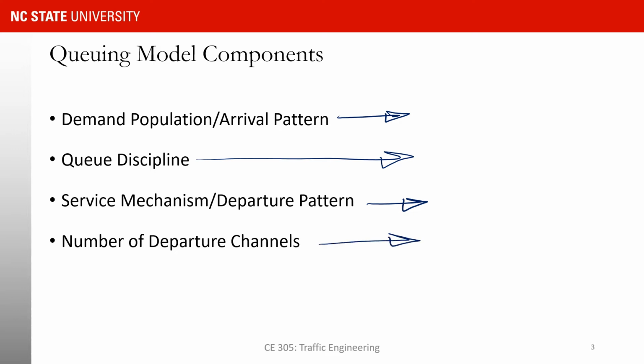If you have one person providing the service, or if you have several people providing that service. So you can think about it when you are going to check out in a grocery store. So if you only have one checkout line open, number of departure channels is 1. And if you have 5 of those open, now you have 5 departure channels.